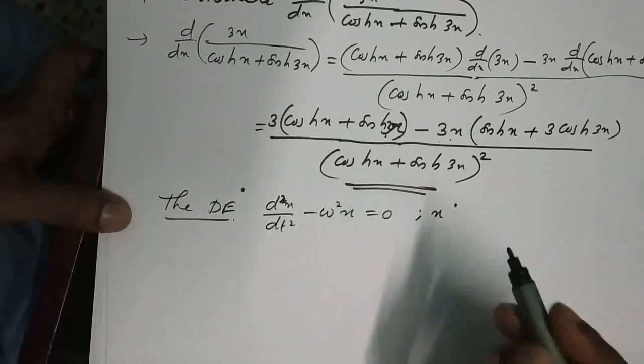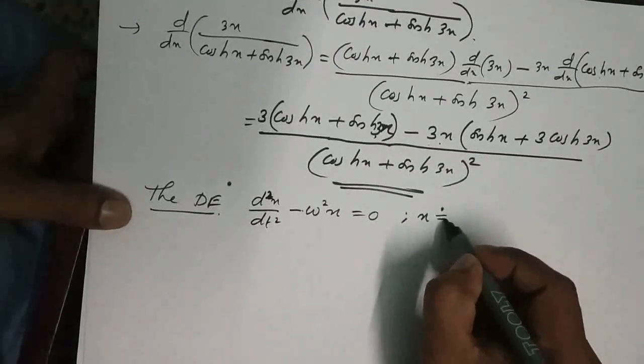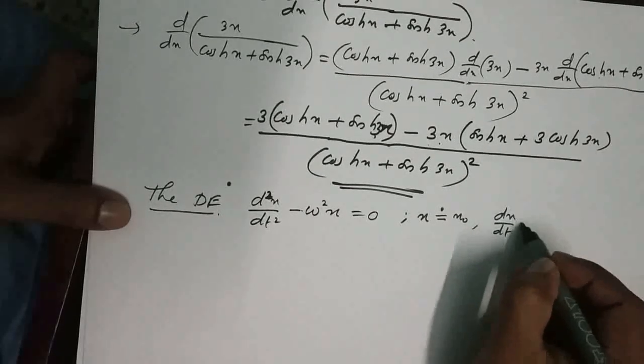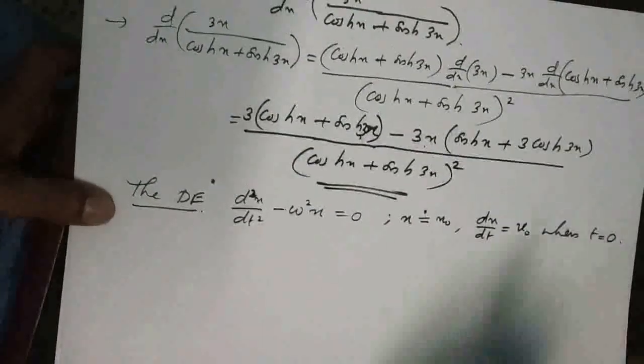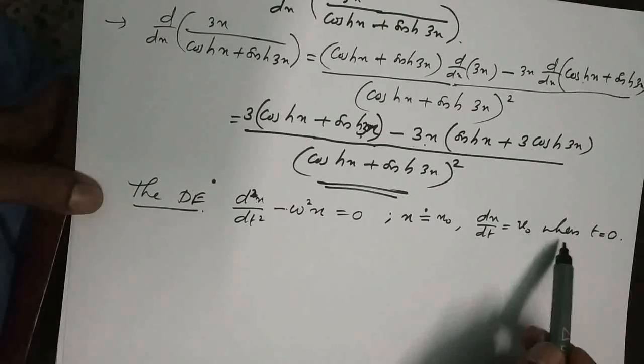Suppose we have initial conditions: x equal to x naught and dx by dt equal to v naught when t equals 0.